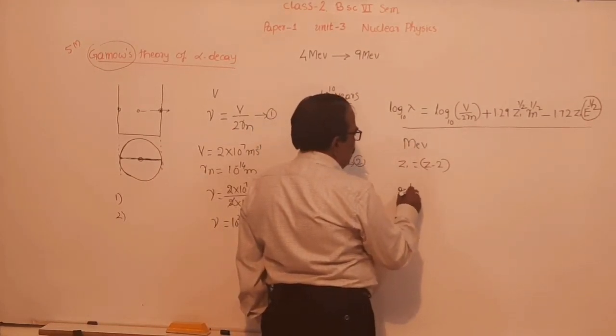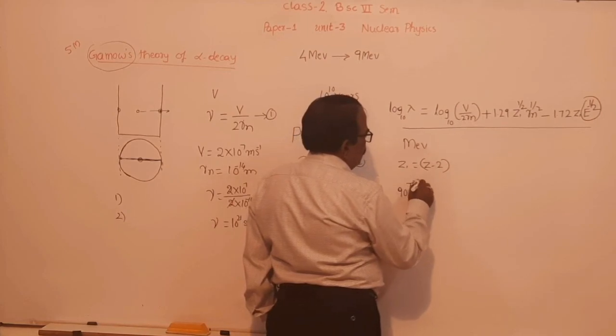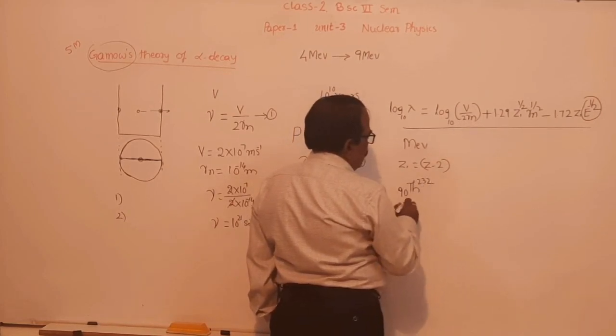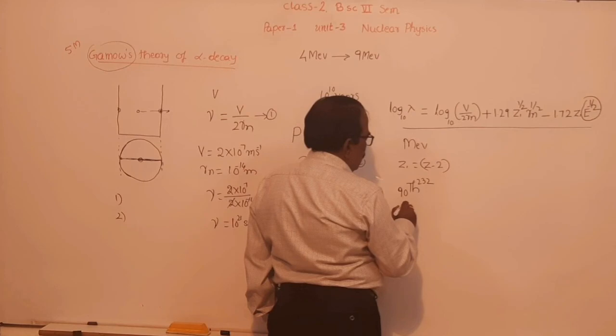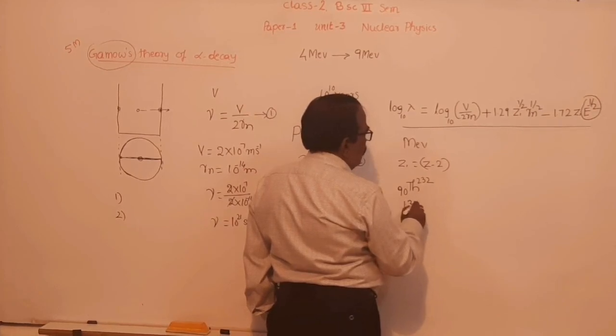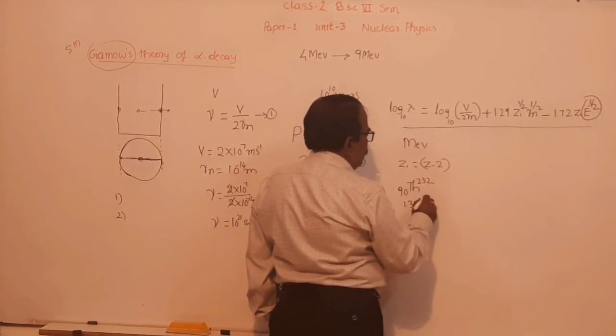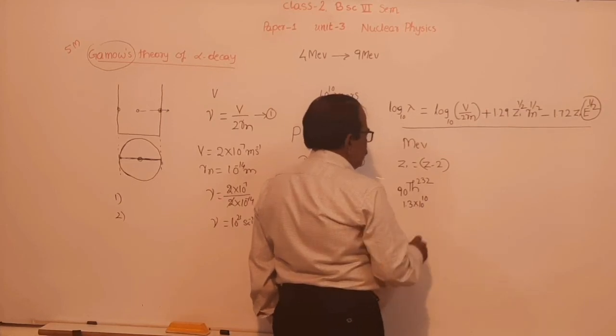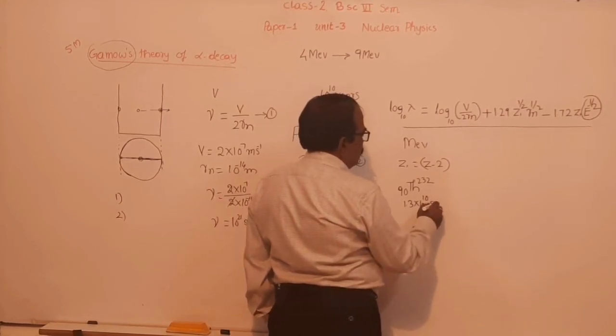The fastest decay constant is for thorium, Th 232. Its half-life is 1.3 into 10 raised to 10 seconds.